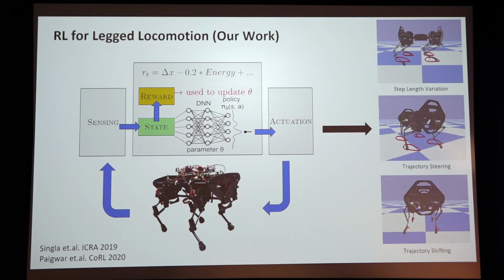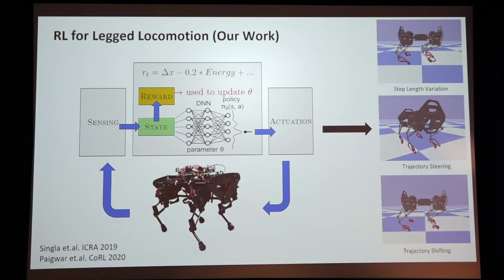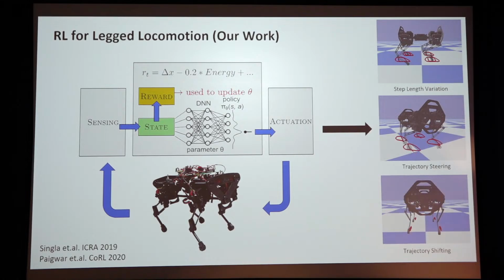Delta x is the x displacement. So for this work, instead of using velocity as a parameter, we choose the difference in positions. That is what's called reward engineering. Different works have different rewards according to your requirements. So this is not the exact reward that we have used in the latest work.